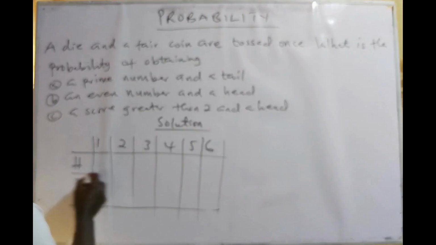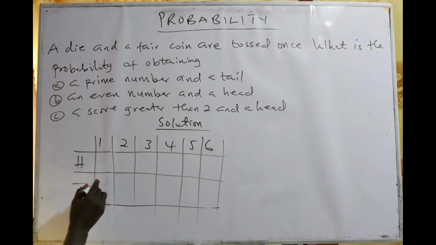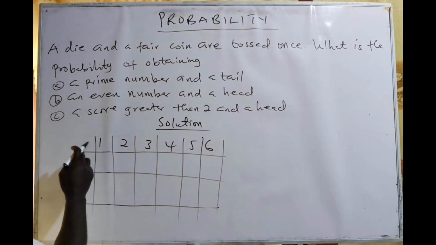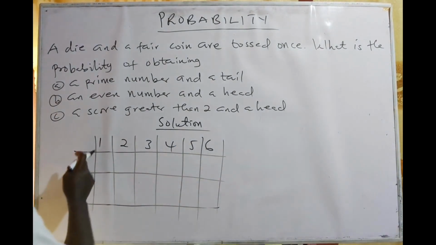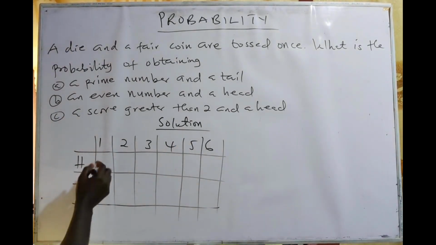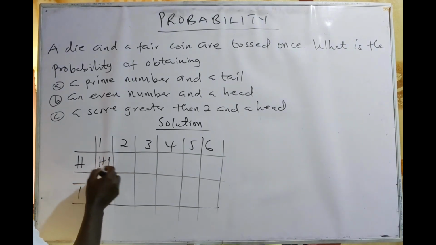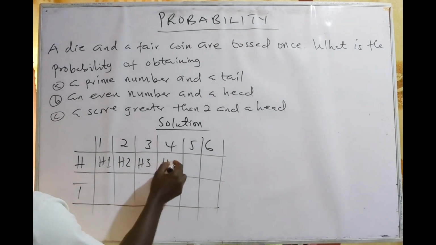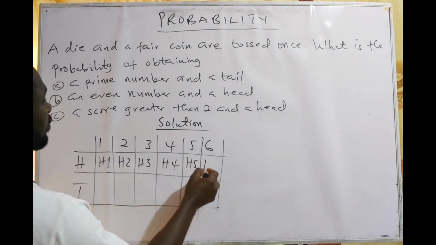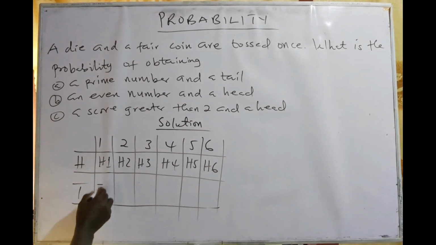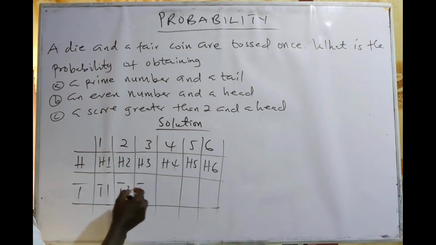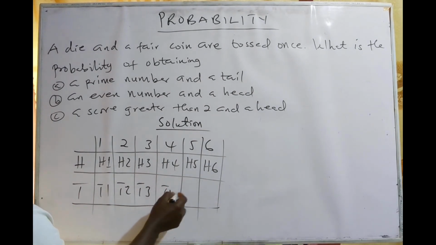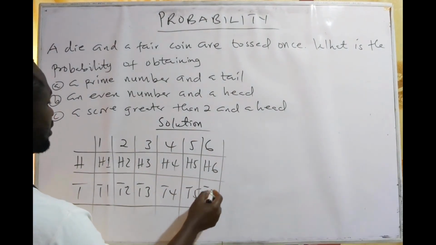So this is a die thrown once and then a queen. So we can have a head and 1, head and 2, head and 3, head and 4, head 5, head 6, or tail 1, tail 2, tail 3, tail 4, tail 5, tail 6.